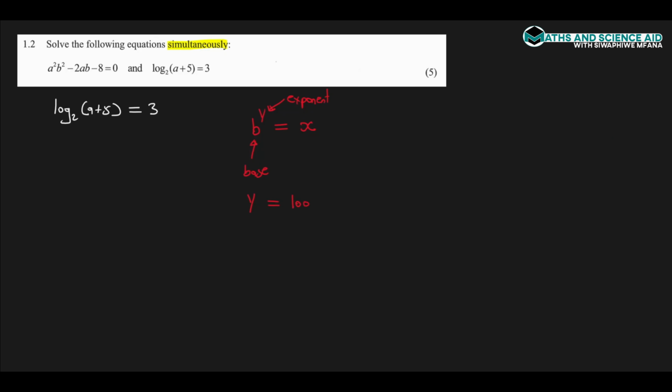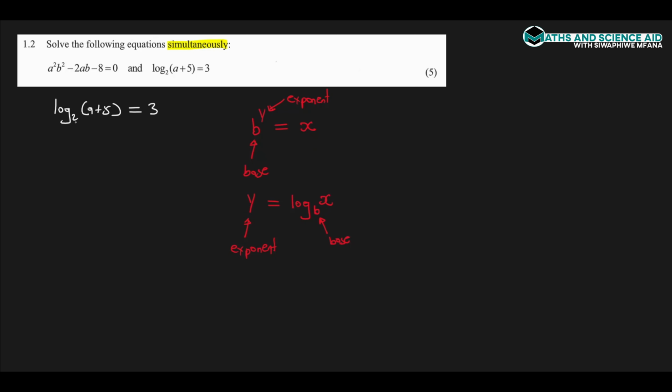And then you apply the log. The log will have the same base as the exponential number, and then the argument of the log will be x. So even in the log format, you can recognize that what is on the other side of the log must be the exponent. And then the base of the log is the same as the base of the exponent.